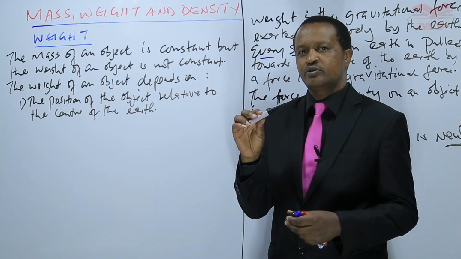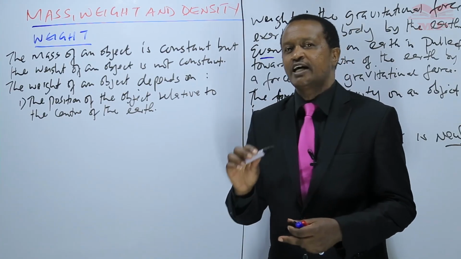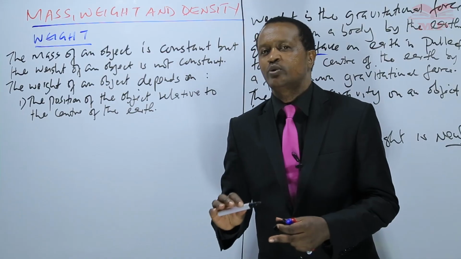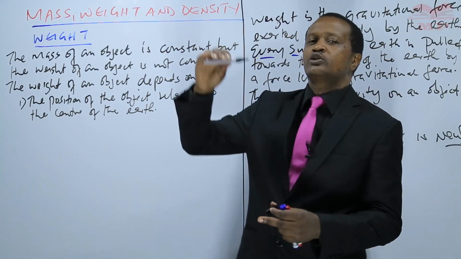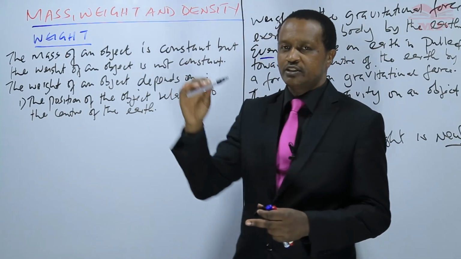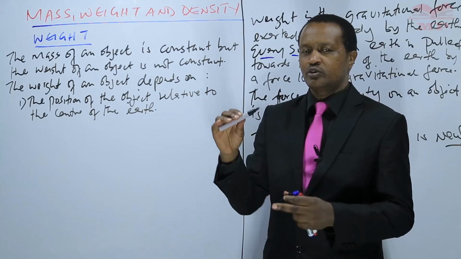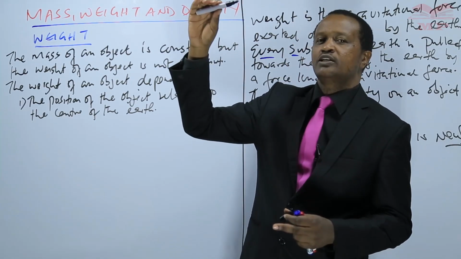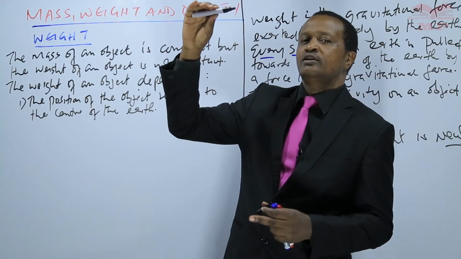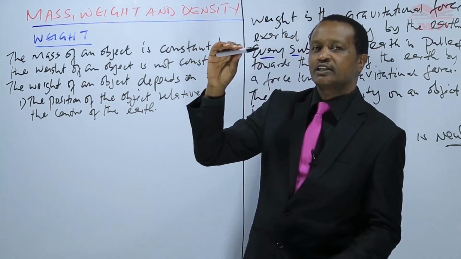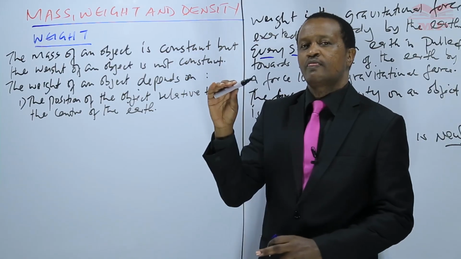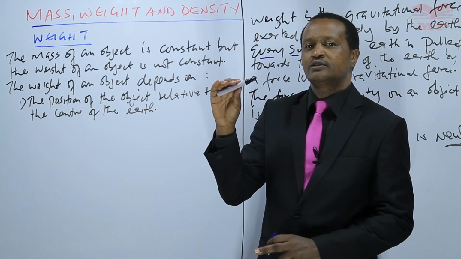For example, if it is at the sea level as compared to when the object is on the top of the mountain, because of the position. Okay? The top of the mountain is far away from the center of the earth compared to the sea level. All right?